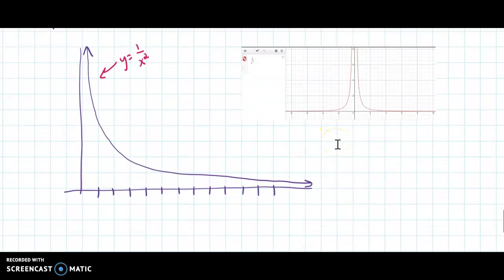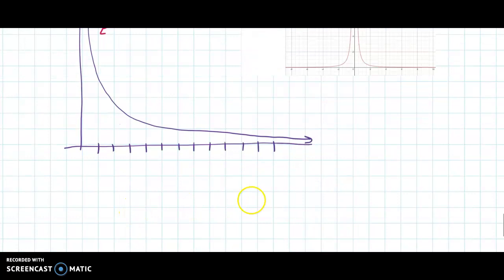So here's how we're going to do this. The series, sigma n equals 1 to infinity of 1 over n squared, is going to be 1 over 1 plus 1 over 4 plus 1 over 9 plus 1 over 16 plus dot, dot, dot.